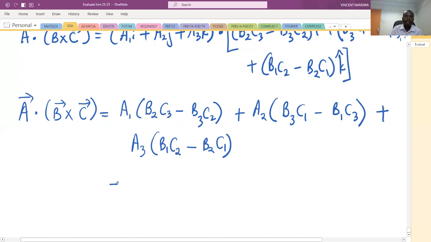And this will give us, when you open, or even without opening, that's actually the structure.